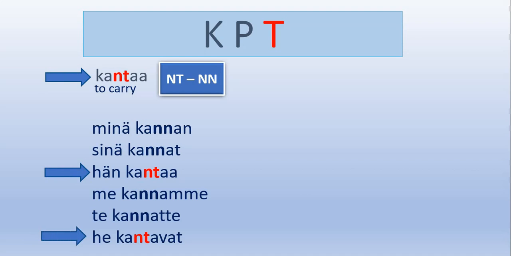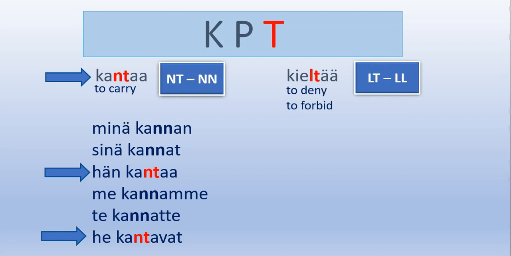And another consonant combination with the consonant T is LT, where T changes into L, as in the verb to deny or to forbid, which is kieltää in Finnish.